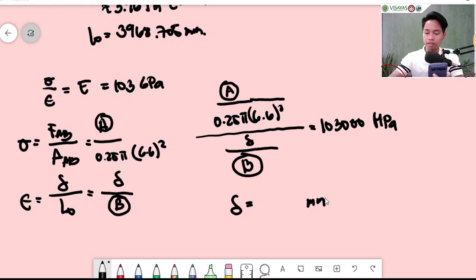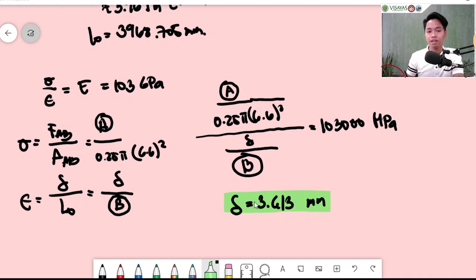Okay, let's wait for it. So our deformation would be 3.613 millimeters. That is the stretch.